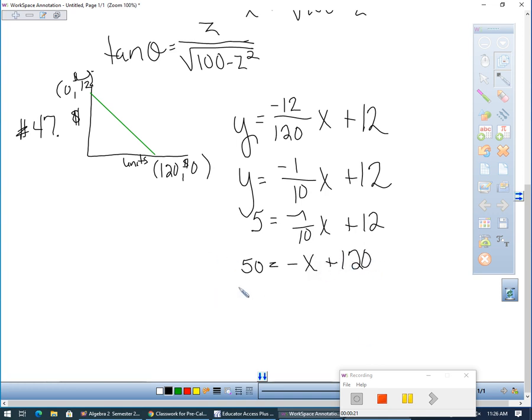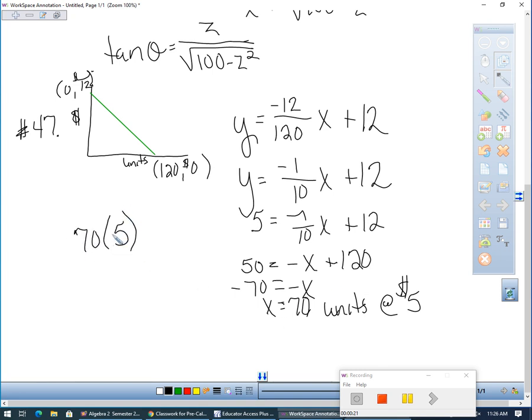Subtracting 120 to this side, I have negative 70 equals negative x, or x equals positive 70. Now that's telling you how many units they sold at $5, right? That's 70 units at $5. But the question wanted to know how much would they be earning. So we actually have to multiply those. Take our 70 units times $5 to find out what they're making. And they are making $350.